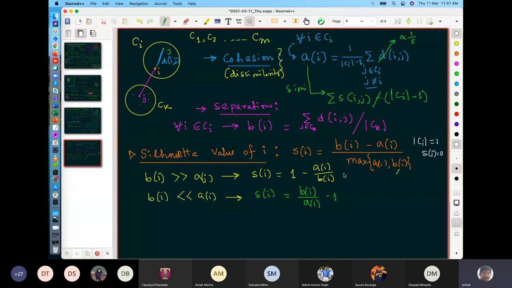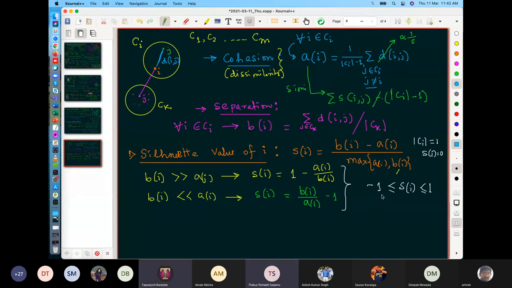Now you can see that depending on these factors, S_i ranges from -1 to 1. Agreed? Because if b_i is very large, this term will be 0 and S_i will be 1. If a_i is very large, this term will be 0 and S_i will be -1. Yes or no?